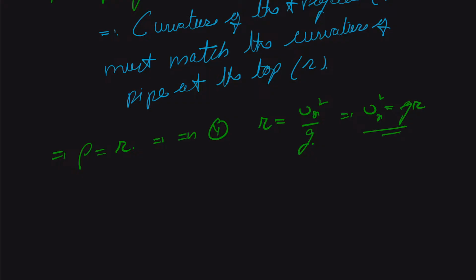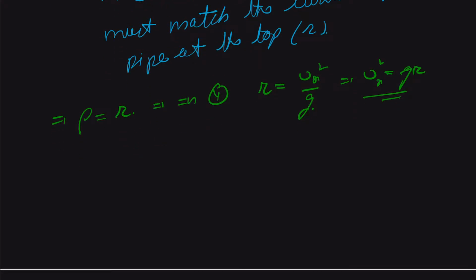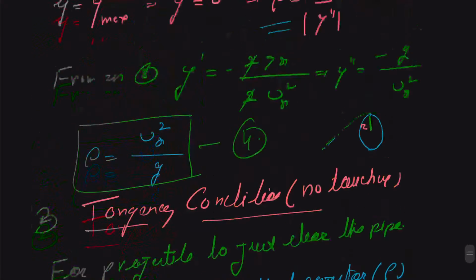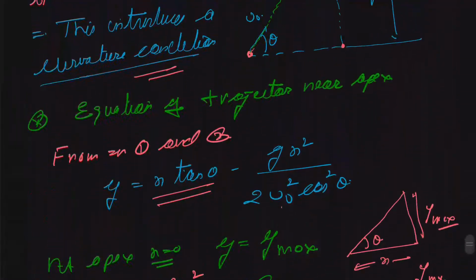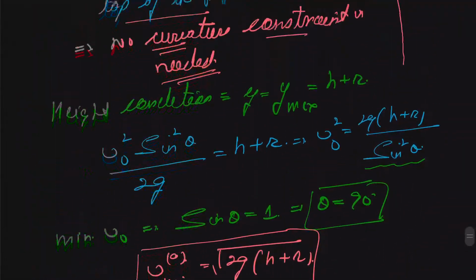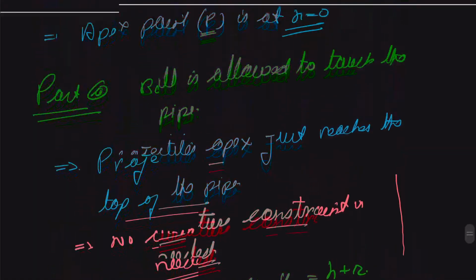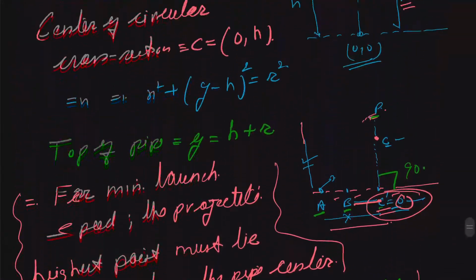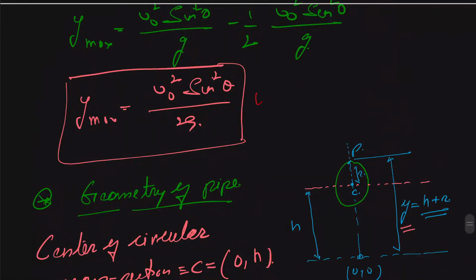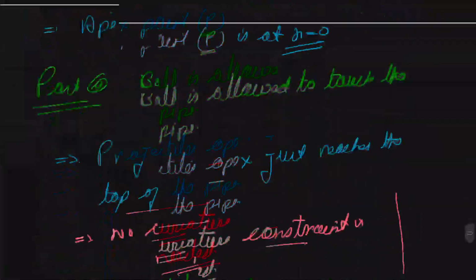And now we come to the standard relationship which we have already derived, that y max is equal to h plus r. And y max we have already derived, so we are going to use it.